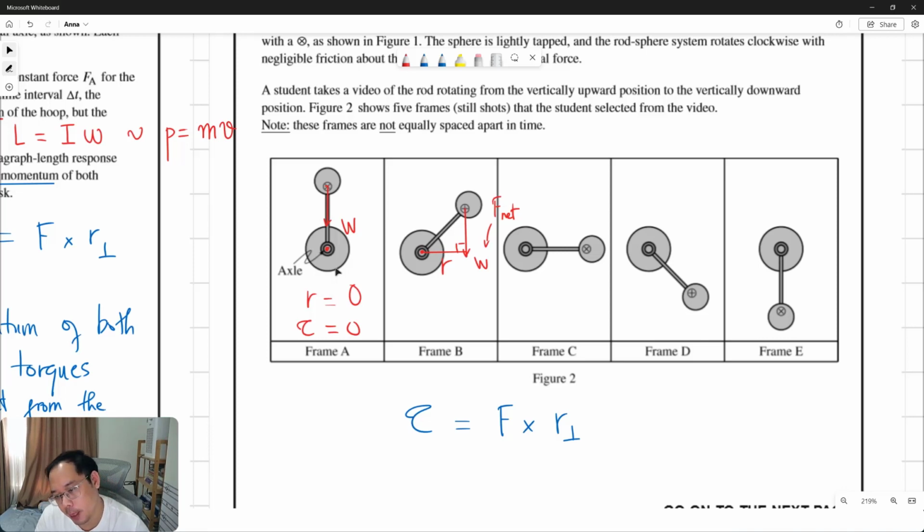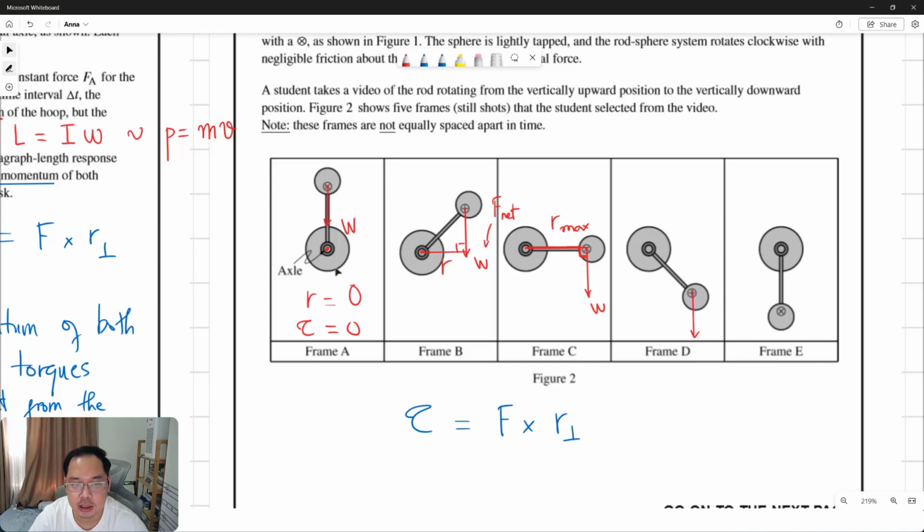Similarly, in the third case, frame C, the force W is here, so the distance is this one. Compared to other cases, you see that this distance will be the maximum because it is perpendicular to the weight in this direction.